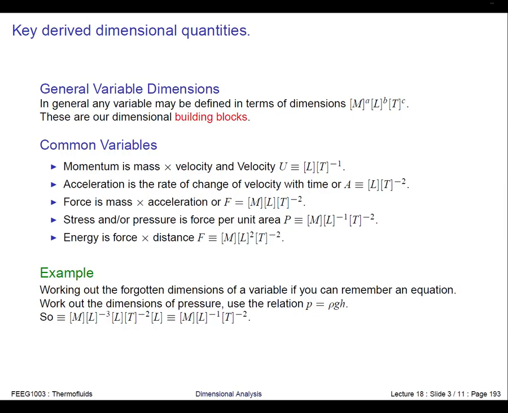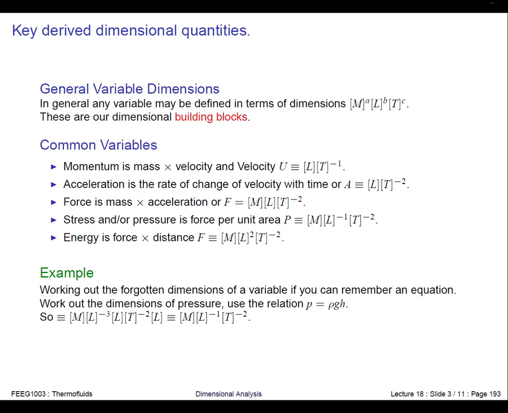So we can do this with all variables. And this is also very useful to make sure an equation is consistent. There are two reasons why you want to do this. The first one is, let's say you've got some variable and you can't actually remember what the dimensions are. In that case, if you can remember an equation, you can work out what's left from the variables that you do know.